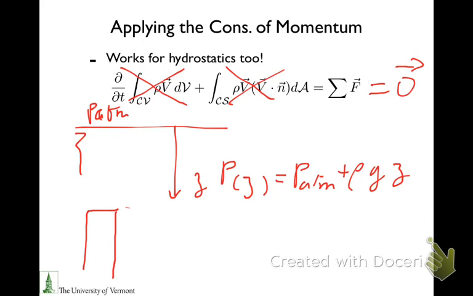And the other thing of importance that we've learned in chapter 1 is the force of pressure. So let's imagine that here we have the fluid here, and we have P atmospheric here and P atmospheric there.